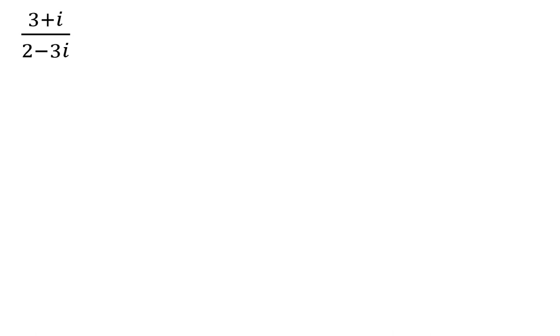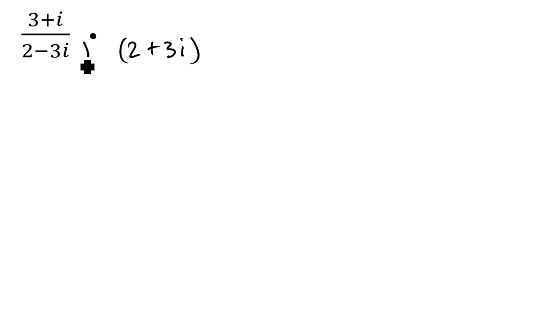Now we turn our attention back to the problem that's on this page, and in order to get rid of the complex number that's in this denominator, we're going to multiply this by the complex conjugate. I would form the complex conjugate of this denominator by simply writing the real part, 2, plus 3i.